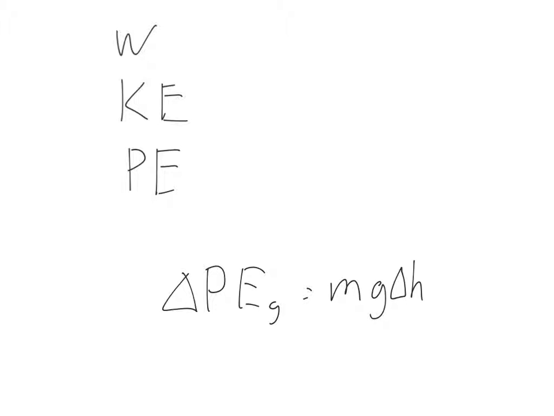So it doesn't matter how you got from high point to low point, whether you went straight down or whether you came down a slope, whatever your height change was, that is how your potential energy changed. This was one of the things that made this a conservative force.